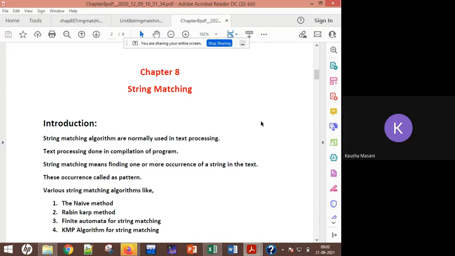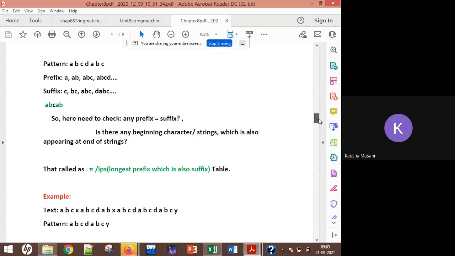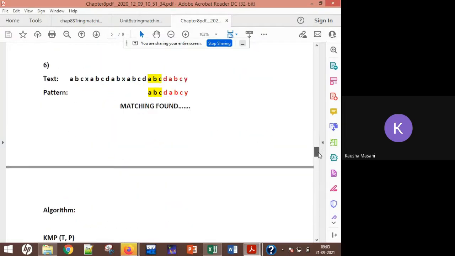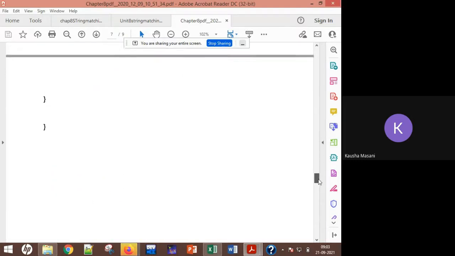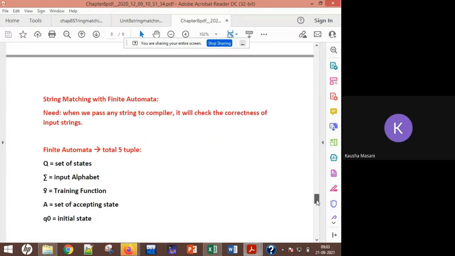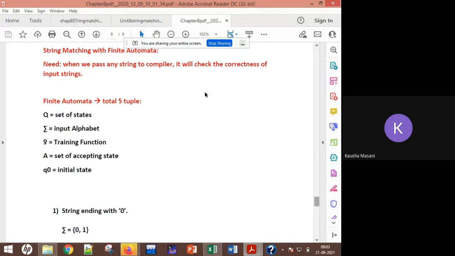Now, the only one topic remaining in this chapter, I will show you here only because this is a little bit more clear, handwritten and scanned. The only topic remaining here is string matching with finite automata.